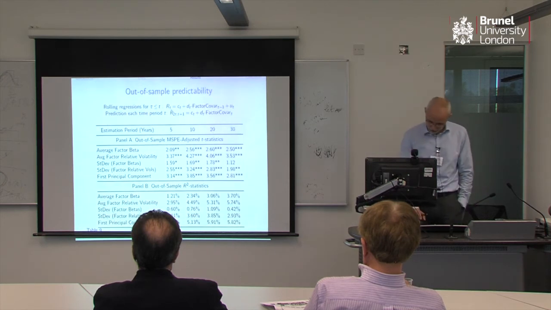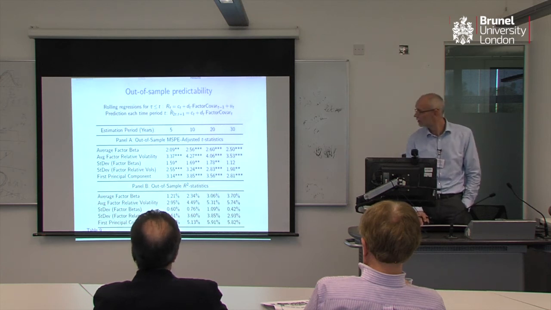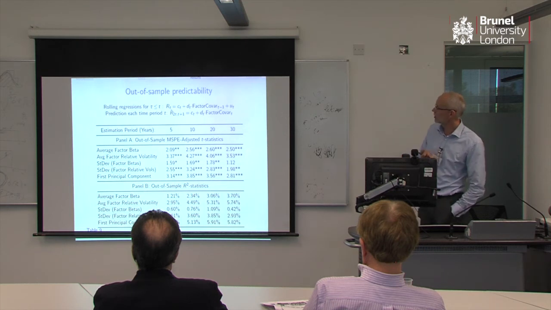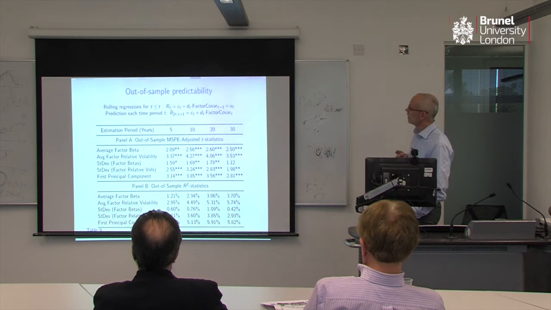These are all in sample, what I've shown you so far. Of course, we know that lots of variables work extremely well in sample, but not so well out of sample. So we run the standard out of sample tests as well.